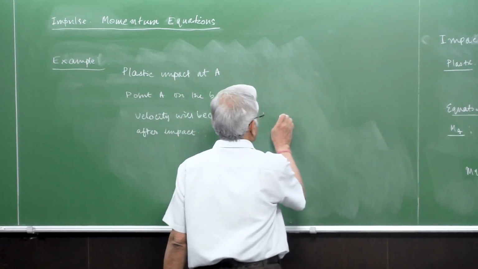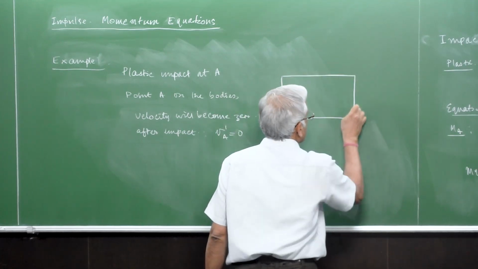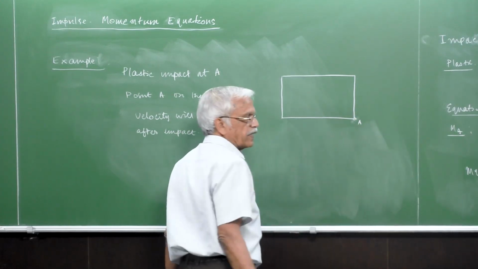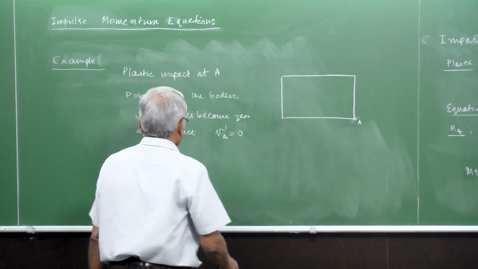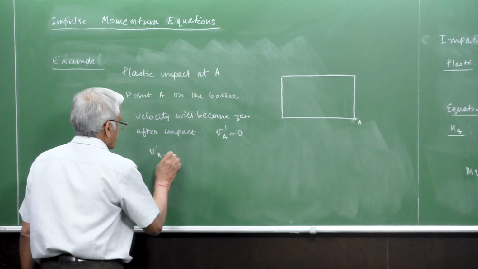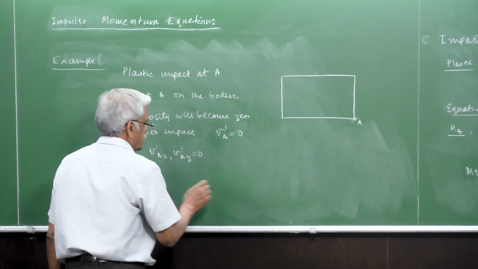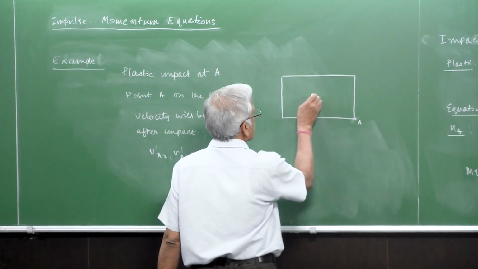So now let's look at this one. This point here is coming to a rest. If that is coming to a rest, it means that V prime AX and V prime AY are both 0.